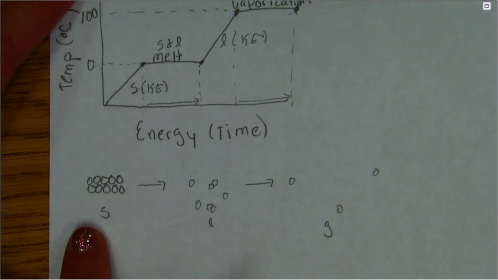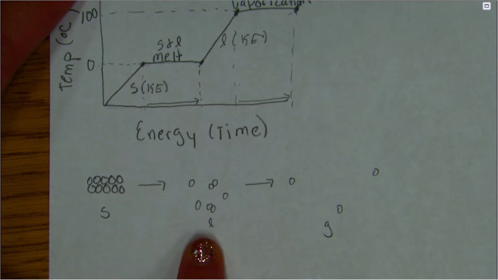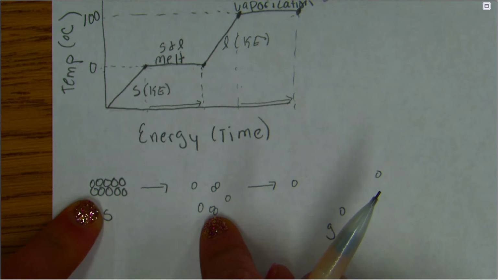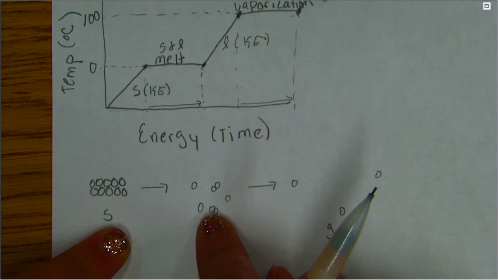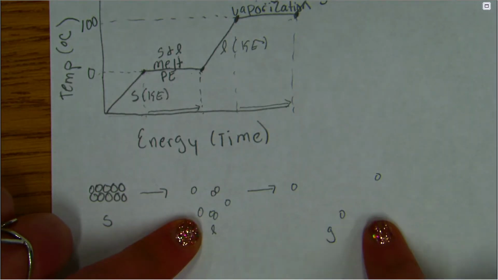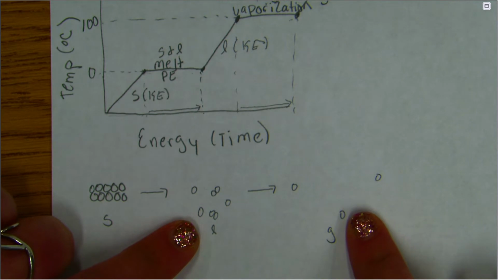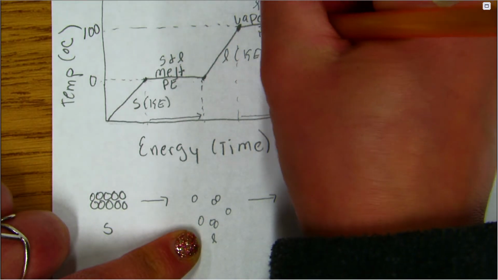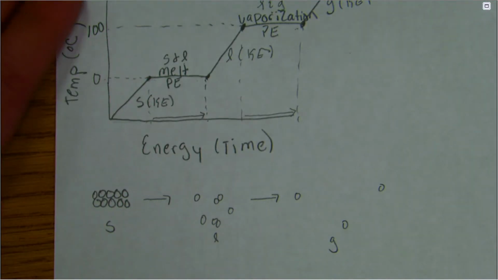When I go from a solid to a liquid, I am changing the spacing of particles. All right, so what kind of energy is related to the spacing of particles? And that is potential energy. When I go from a liquid to a gas, I am changing the spacing of particles even more. So again, vaporization has potential energy.